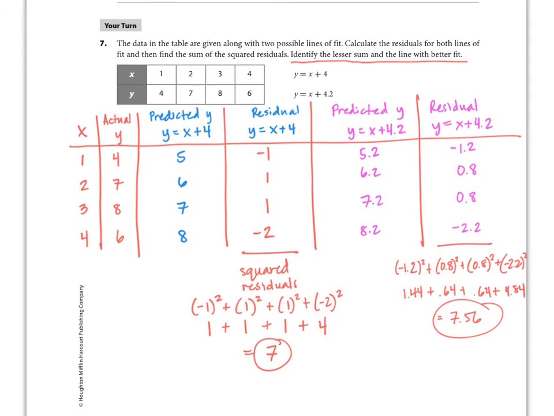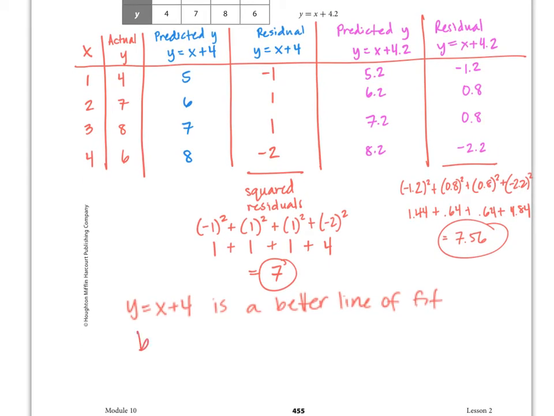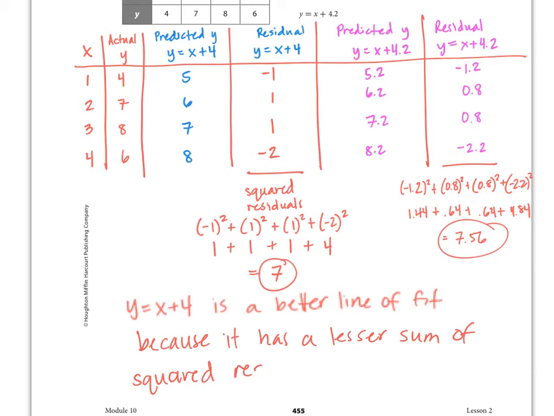That helps us conclude that y equals x plus 4, my first equation, is a better line of fit because it has a smaller sum of squared residuals.